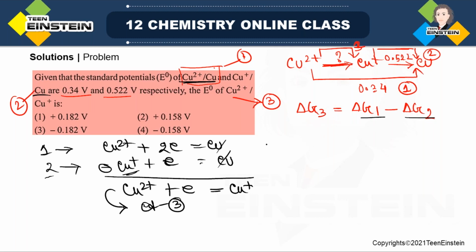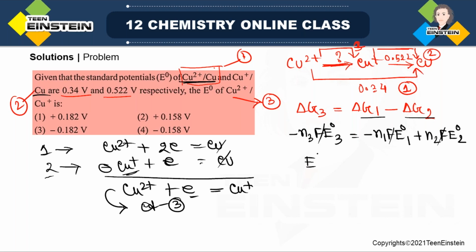Now for the third system, how many electrons are involved? 1 electron. So we will write this formula: n3 F E03 equals n1 F E01 minus n2 F E02. Now see, F will be cancelled.